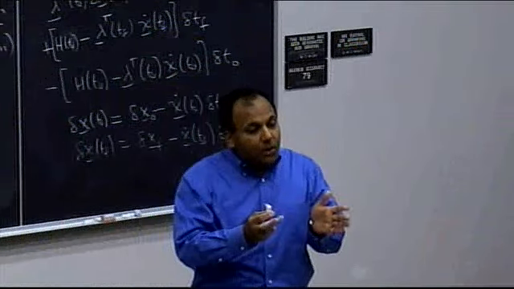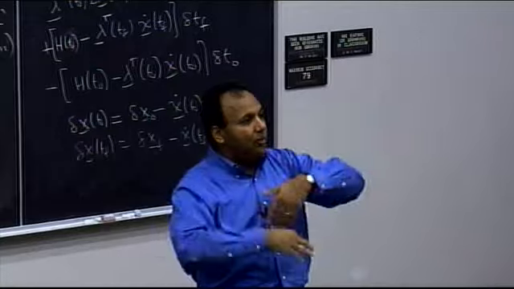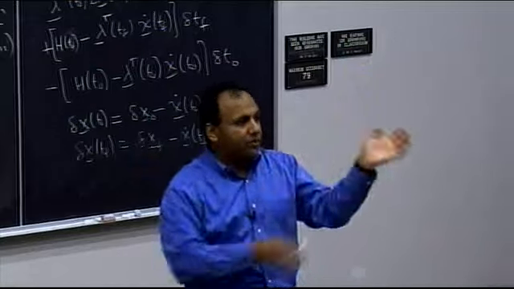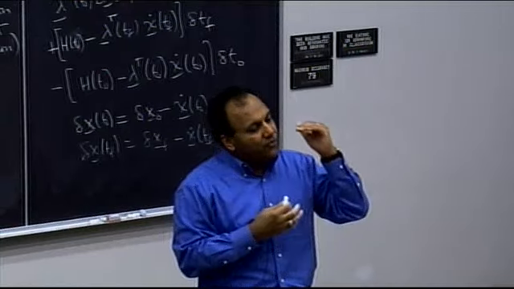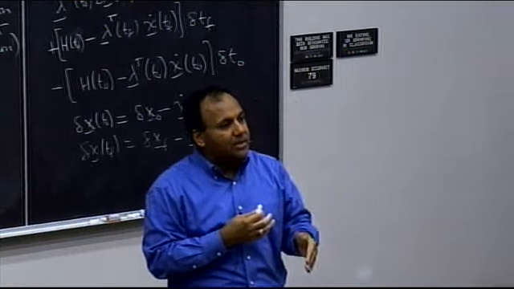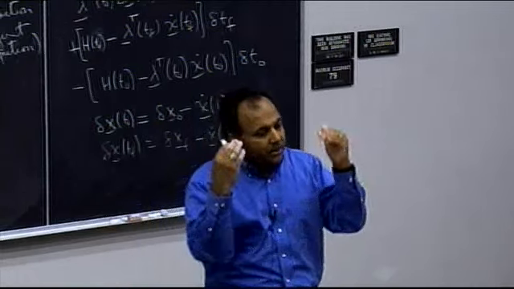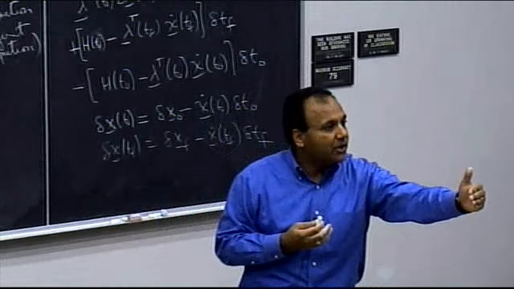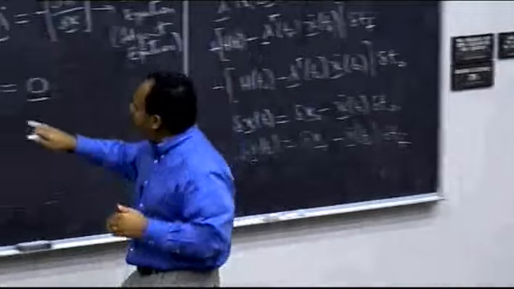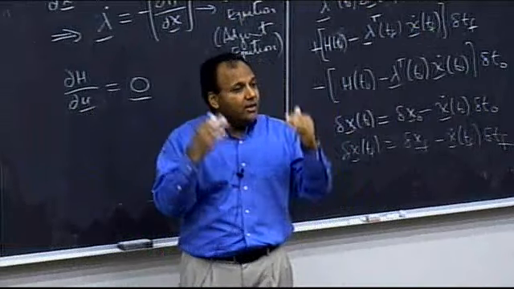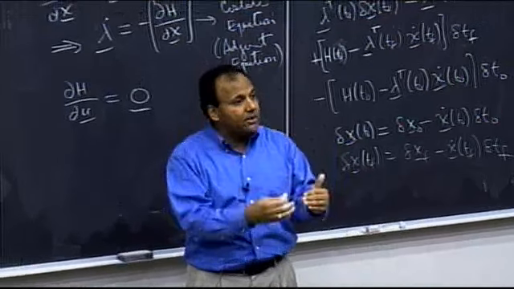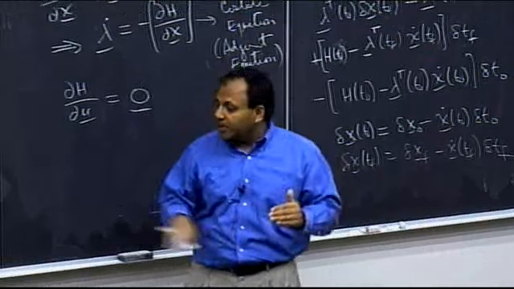So u takes on a value in some allowable set of functions. I can allow the control to vary anywhere in this particular set of functions. But if the value of the control that minimizes the objective functional is the one that occurs on the boundary of that control set, dh du may not necessarily equal 0 at the boundary of the control set. It's only if the optimal control lies interior to the allowable control set that this is true.